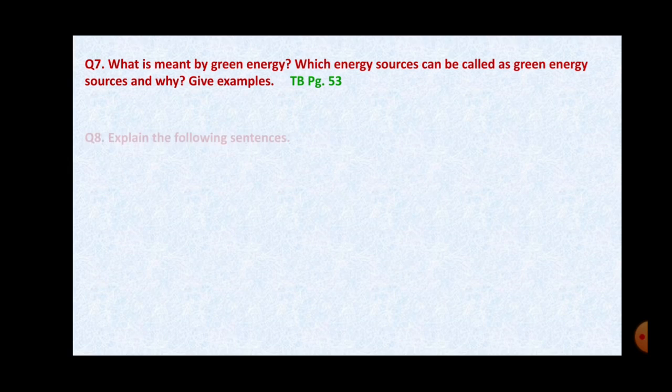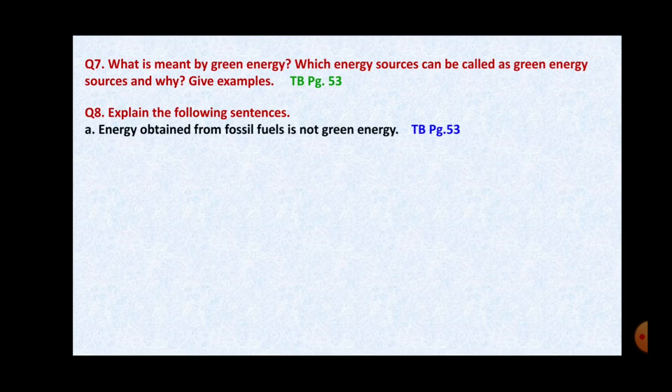Next is, explain the following sentences. Eighth question is, explain the following sentences. First one is, energy obtained from fossil fuels is not green energy. It is given in your textbook on page number 53.